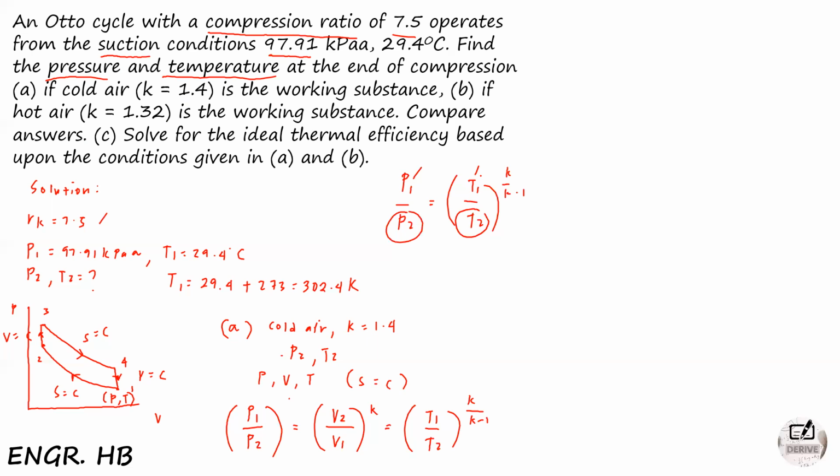If you remember, we have the compression ratio, which is also equivalent to V2 over V1. This means pressure 1 over pressure 2 can also be equivalent to RK raised to K, which are both given: 7.5 and 1.4.